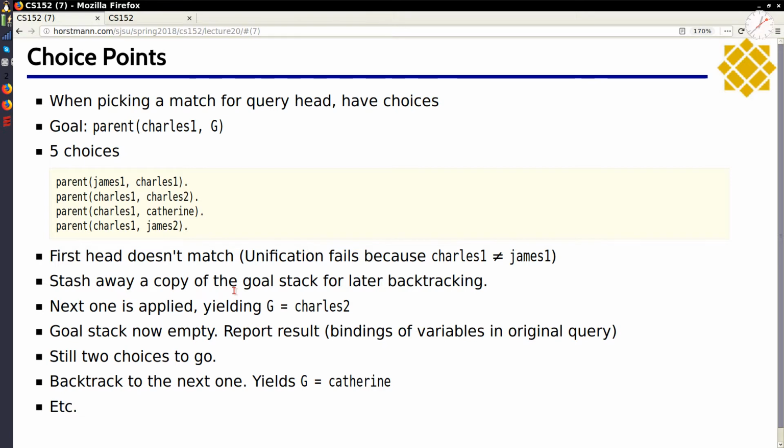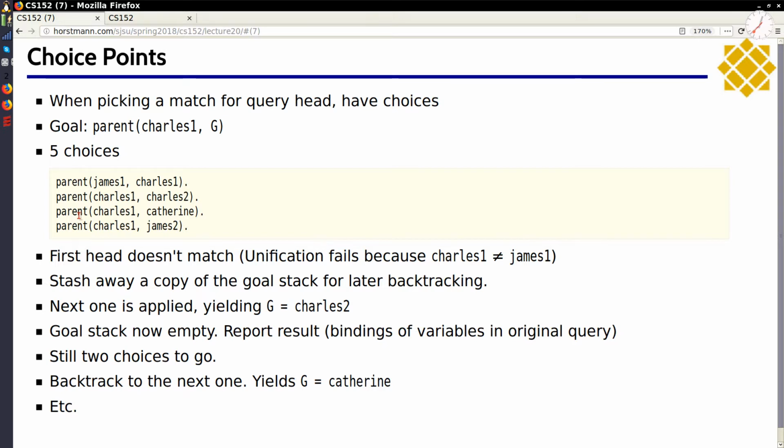And we just run through all of that until that goal stack is empty or it fails. Then we come back to the next choice point and do the same thing: make a copy, push it on that, and so on. That way we're going to be backtracking to each of those.